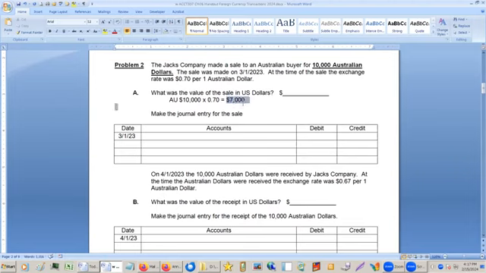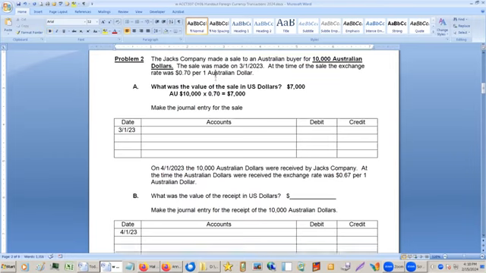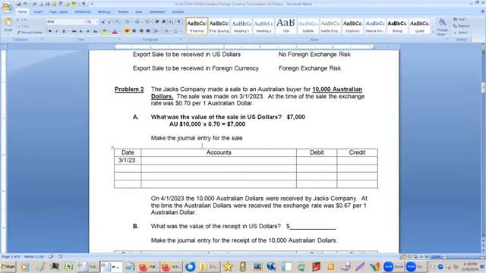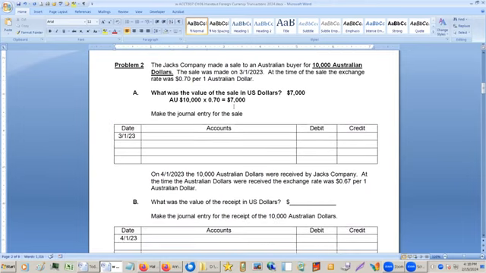So $7,000 will be our... Okay, it doesn't say these were made on account, but I guess they were. I should have put that in there.